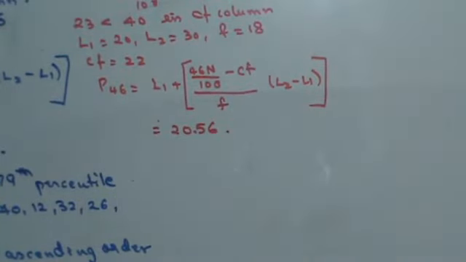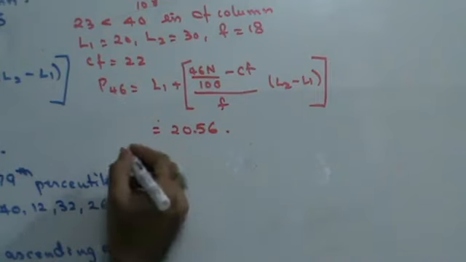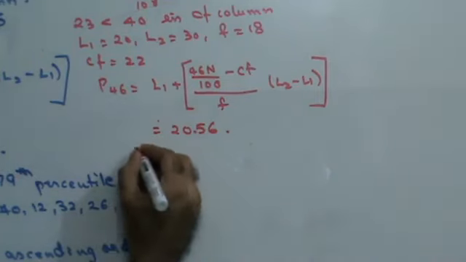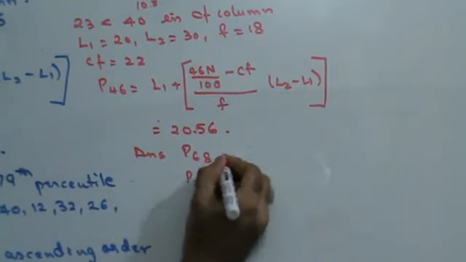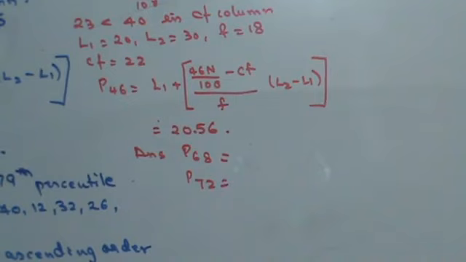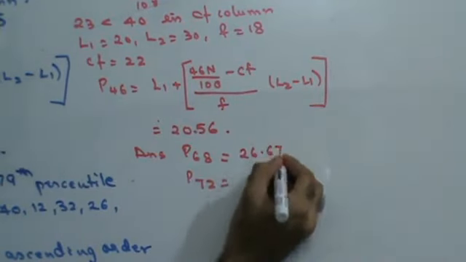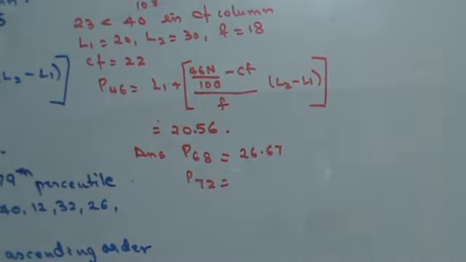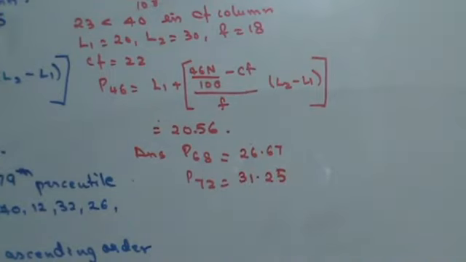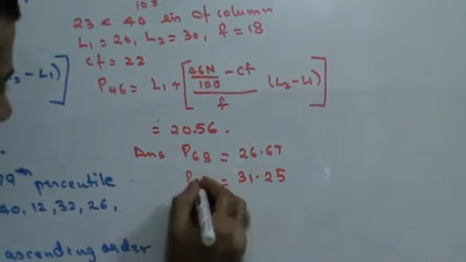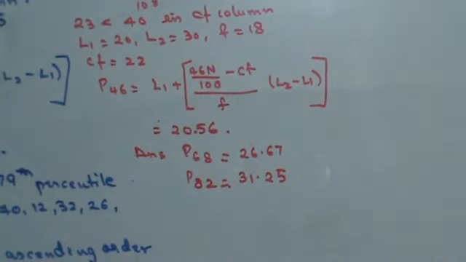I've shown you the method, use the method and similarly find out P68 and P82. The answer for P68 is going to be 26.67 and for P82 the answer is going to be 31.25. Right? Next, let's see another sum, guys.